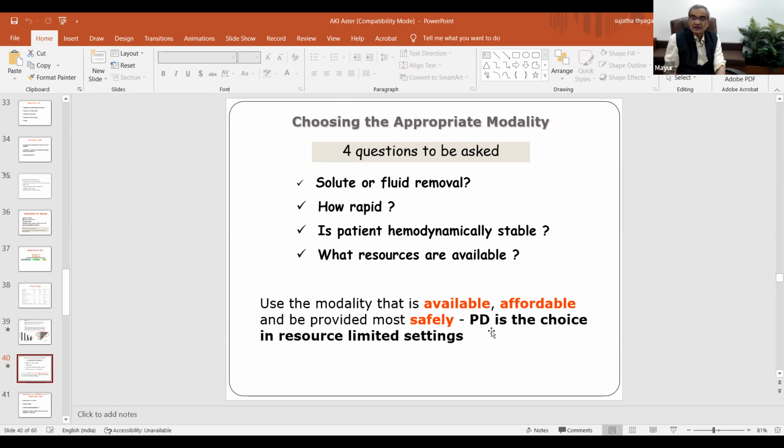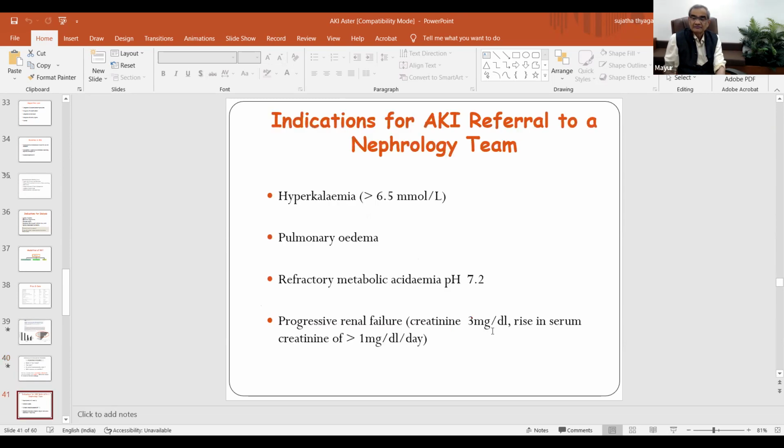Whereas in advanced centers, referral centers, you have to think in terms of HD or CRRT as well. These are clear indications for AKI referral to a nephrology team: hyperkalemia, pulmonary edema, refractory metabolic acidemia, and rapid rise of urea and creatinine, so worsening azotemia.